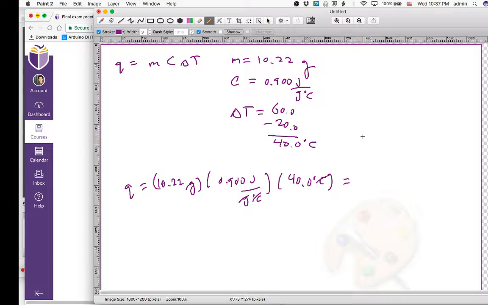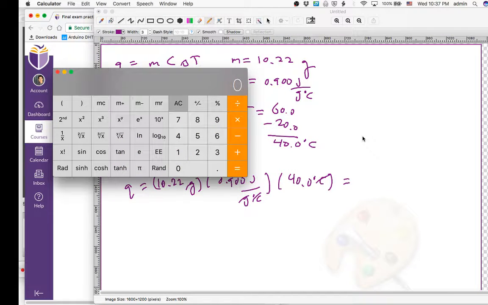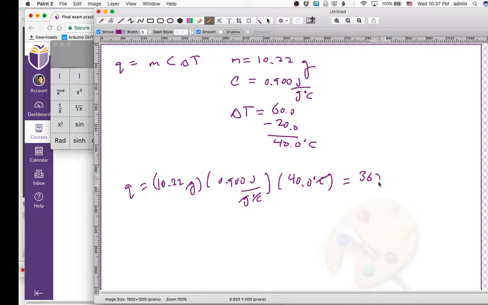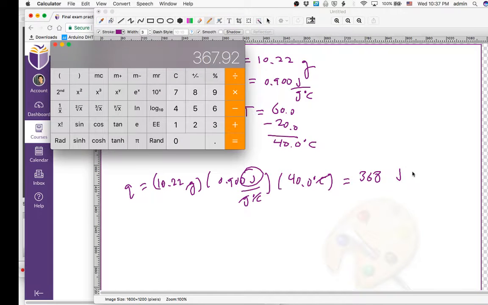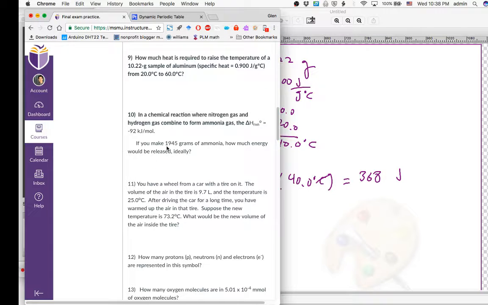That means my work is probably correct. 10.22 times 0.9 times 40 is 367.92, but this is a multiplication problem. I only have 3 significant figures, so it's 368. The units are right here, joules. That's how much heat is required to heat up whatever they wanted, using whatever details they wanted.